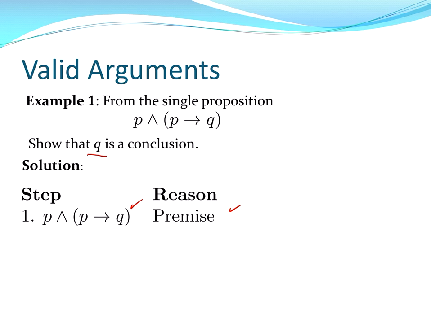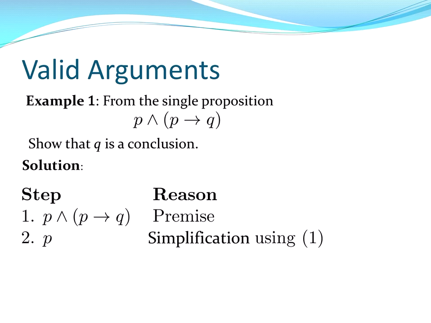All right, what can we do here? Well, something we can do with the conjunction of two propositions is to simplify. So we're going to peel off the two arguments of this conjunction using simplification. If the premise is true, then we can say that P is true using simplification.